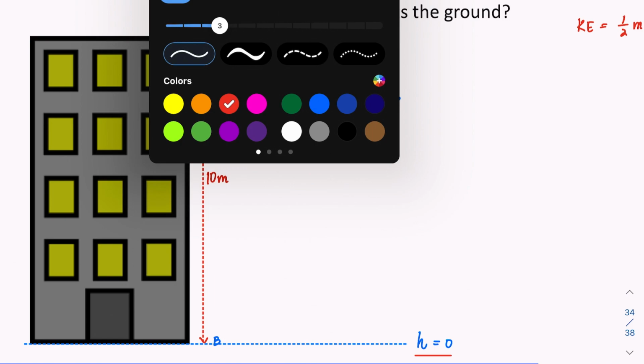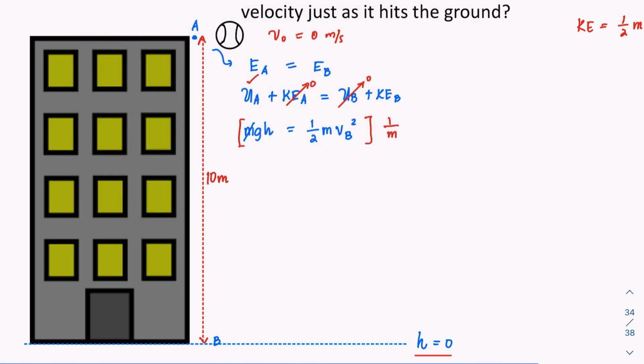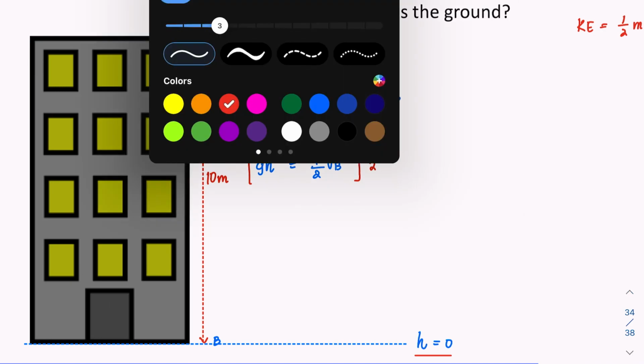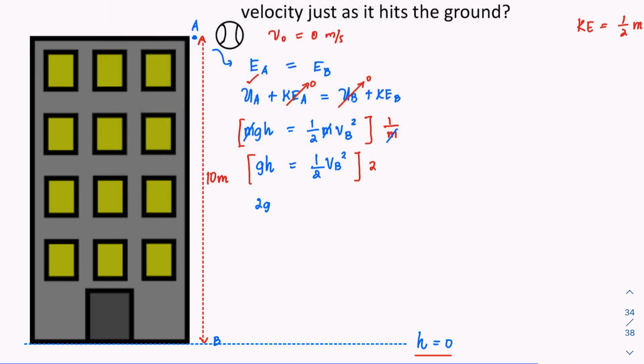The mass term will cancel out on both sides, and what is left is gh equal to 1/2 vB squared. I'm doing this very slowly and step by step. The next thing I will do is multiply both sides of the equation by 2.